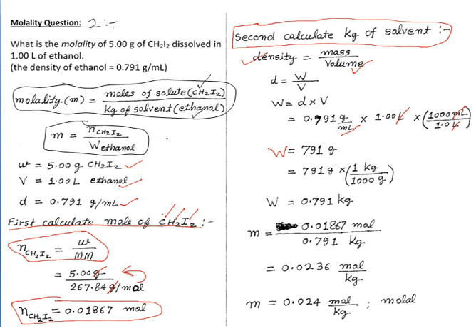But for molality we need the solvent in kilograms, so we have to multiply once again with another conversion factor, which is 1 kg has 1000 gram, then we can calculate the capital W in kilogram. So when we divide 791 by 1000, it will come 0.791 kilogram.